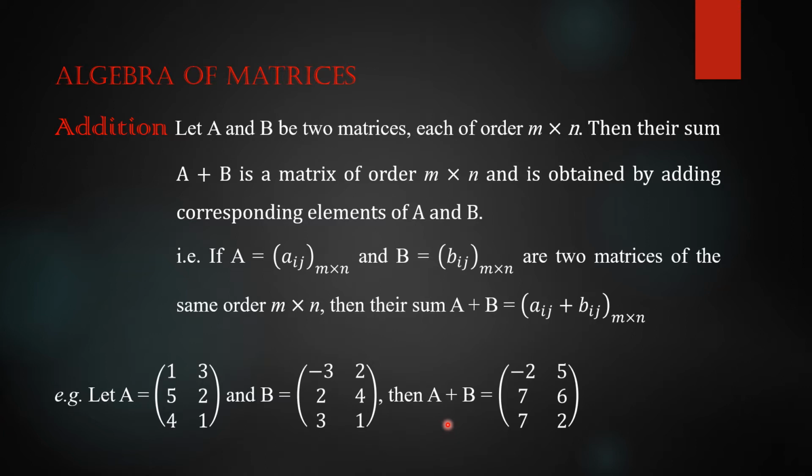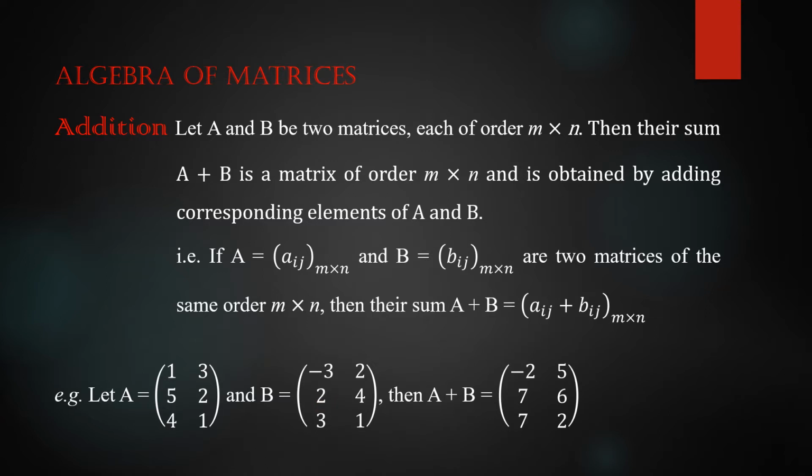Then A plus B is also of the size 3 by 2, because the sum of two matrices will be of the same order as the given matrices. Then the addition is obtained by adding, you see the definition here, by adding the corresponding elements of the matrices A and B. That means you are to add this one with this minus 3.